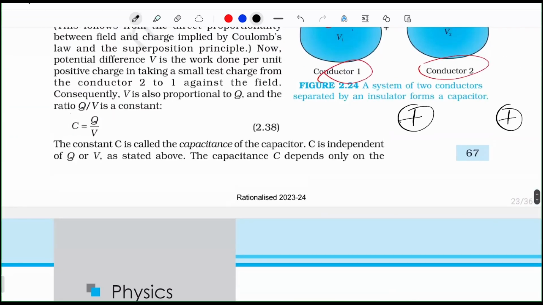At this point, I'll clarify a very important misconception. You can be asked questions like, what is the force between any two charges, given that there is a dielectric between them? There is some polarization happening between these two charges, and that is going to affect the electric field, right?